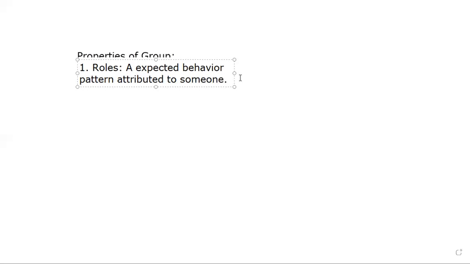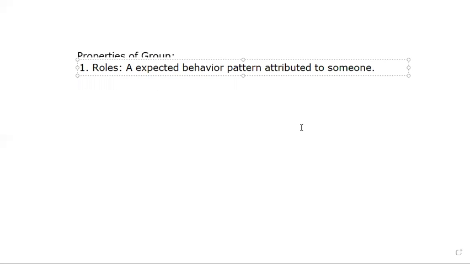So expected behavior pattern attributed to someone is basically role. Whatever you expect from yourself or from someone, the terms also depend on the basis of that. In this way, role can be role perception, role can be role expectation. So role is an expected behavior pattern attributed to someone in a social unit.